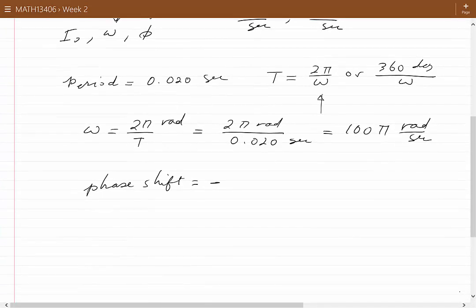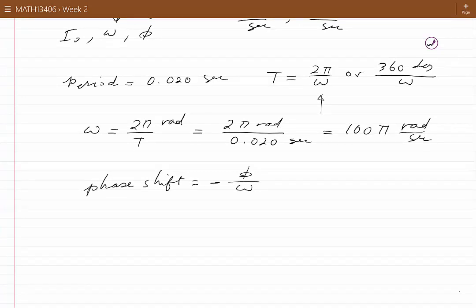It would be minus phi divided by omega. From this equation, I can see that phi is actually minus phase shift times omega.